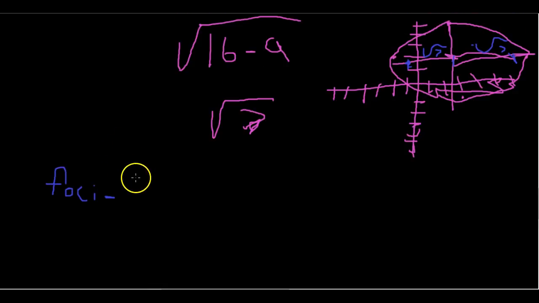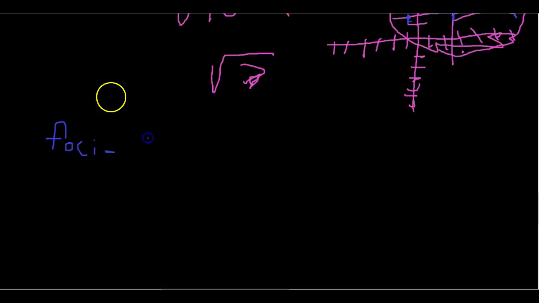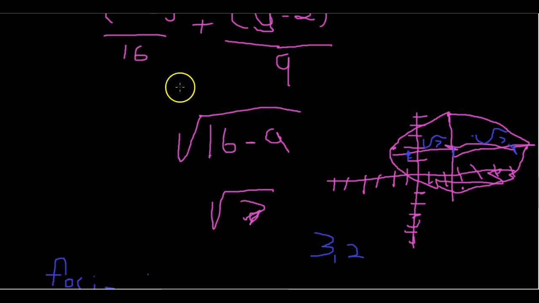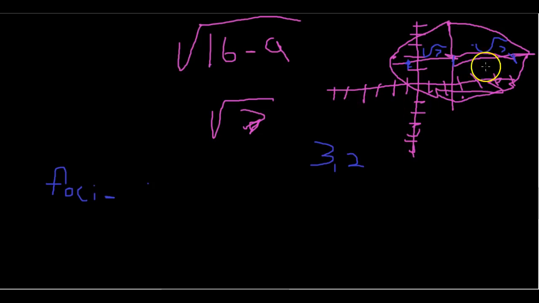They want to know how far forward this is. So we know the center is at 3, 2. Since it's being stretched horizontally, that's the x direction, we're going to have to add and subtract it to the x. As you can see, that's what we had to do here. We had to go over square root 7 this way on the x side, and then over this way on the x side.